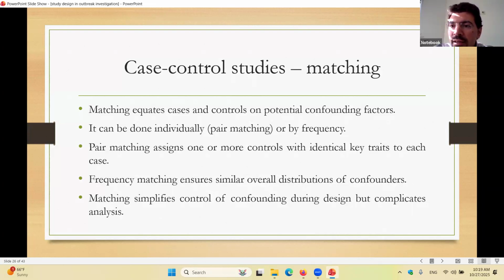For example, you conduct the analysis of an exposure and outcome one time in men and one time in women. Or one time in individuals less than 40 years old, and one time in individuals more than 40 years old. It is a stratified analysis which can control confounding effect.